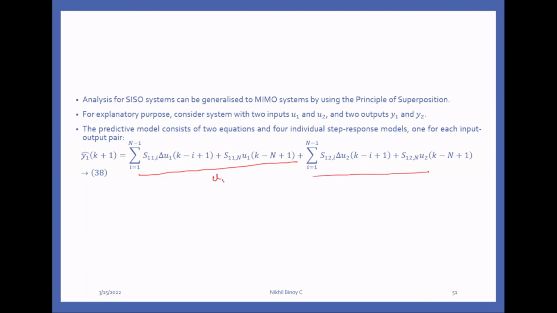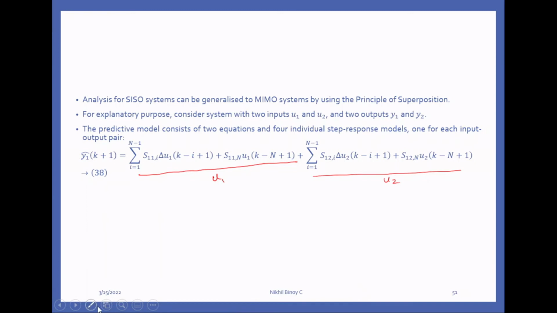Similarly, the second two terms correspond to U2, where S_12,i are the step response coefficients of a step response model with input U2 and output Y1. So the first index corresponds to the output Y1 and the second to the input.